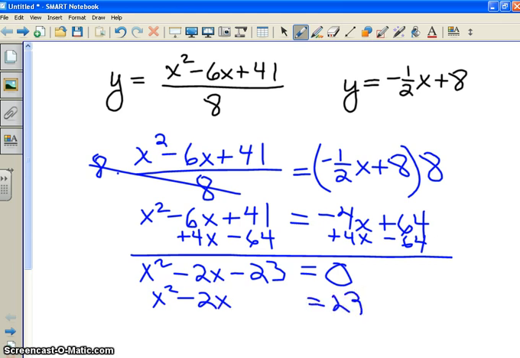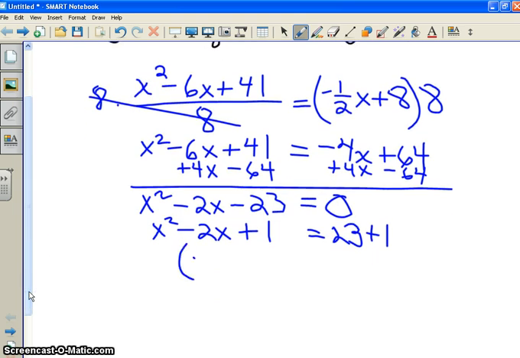And my magic number to complete the square is going to be half of b, which is 2. Half of 2 is 1, and 1 squared is 1. So I'm going to add 1 to both sides of my equation. X squared minus 2x plus 1 factors into x minus 1, x minus 1. And 23 plus 1 is, of course, 24.